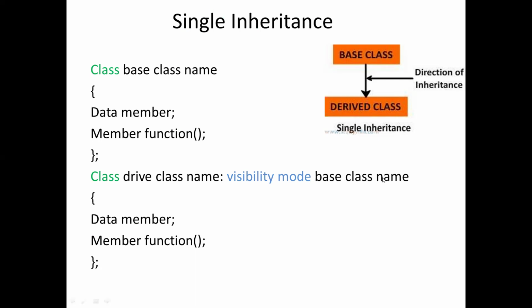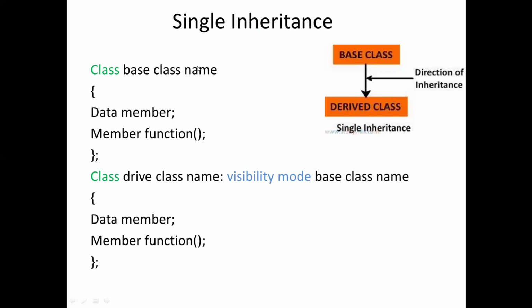If we see the syntax, here we use the class keyword. After that, we create a class called the base class. Then in the base class, we put the data members and member functions, and we terminate the class with a semicolon. While declaring the derived class, we use the class keyword, then the derived class name, then a colon, then the visibility mode and the base class name.